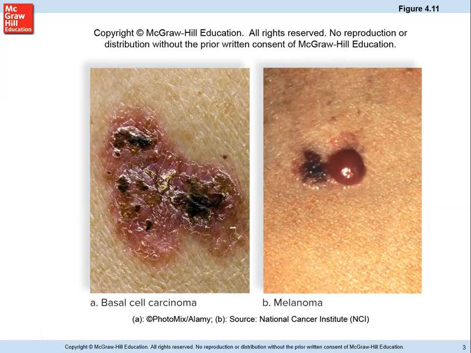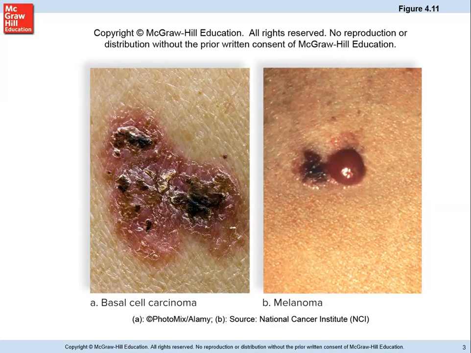D is diameter, and we really don't have good perspective here on this, but I'm going to suggest that the basal cell carcinoma here in this picture does meet that obviously bigger than a pencil eraser criteria. This melanoma, on the other hand, isn't going to be that awfully big, so size alone doesn't necessarily mean anything.